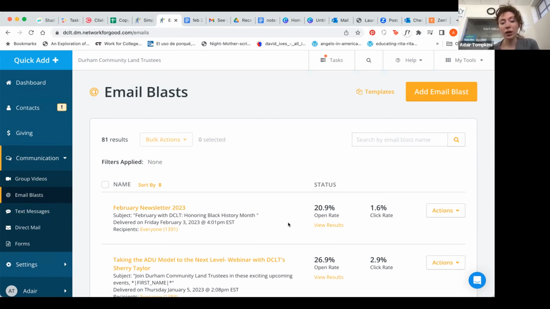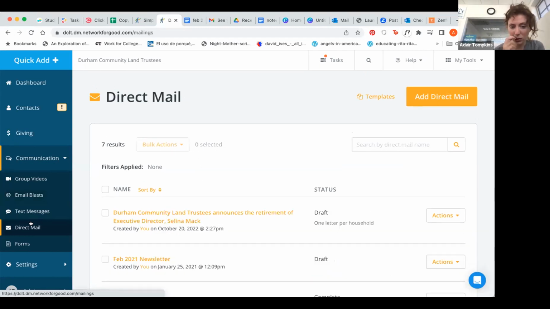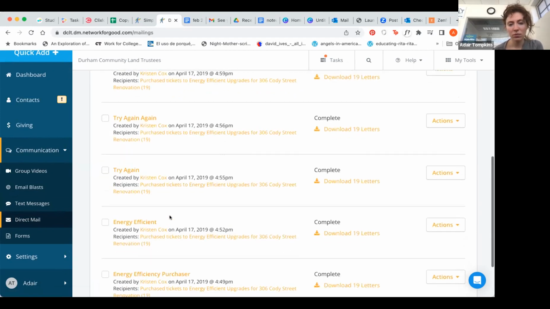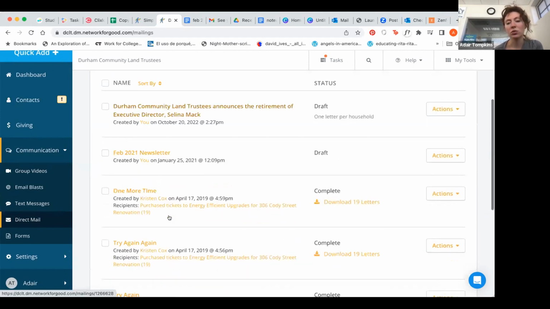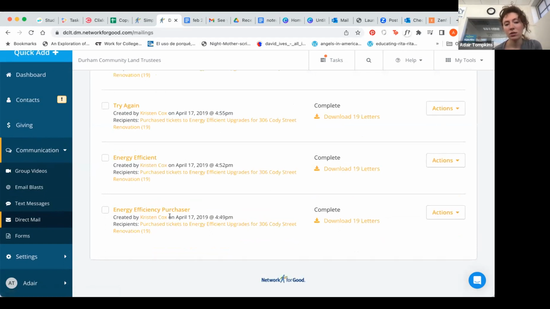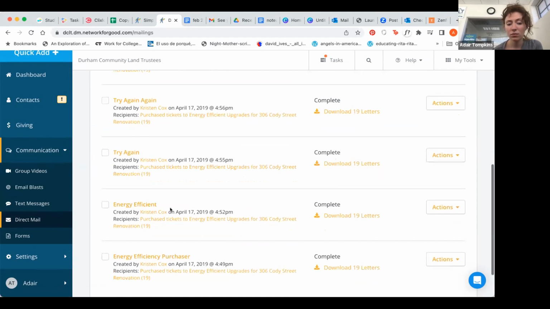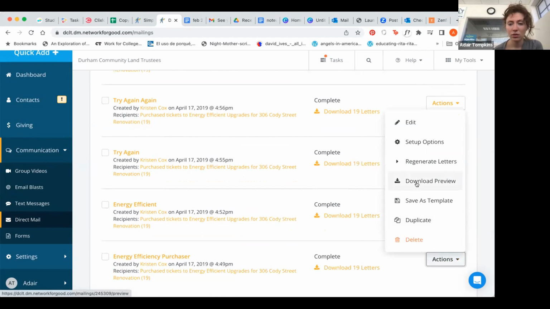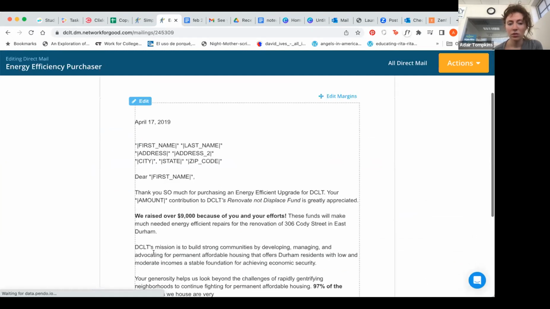Yeah, but we don't have that in our package. What about direct mail? Direct mail would be a way for us to send letters to specific donors. I've never used direct mail with ours. Let's see what Kristen had done. So she sent these.